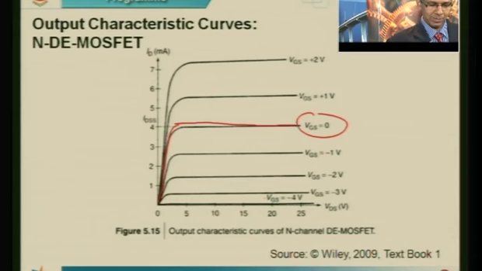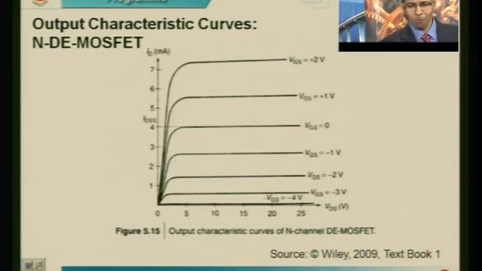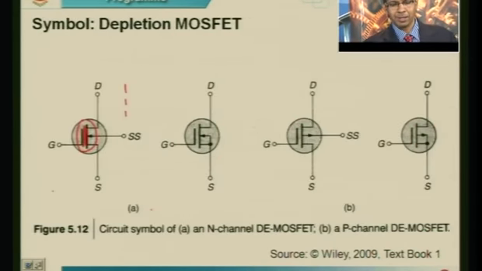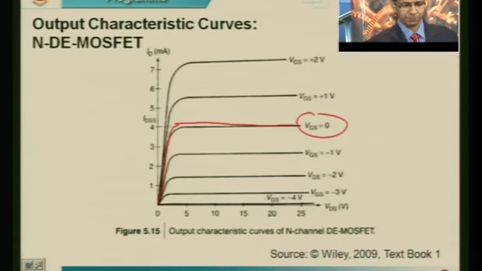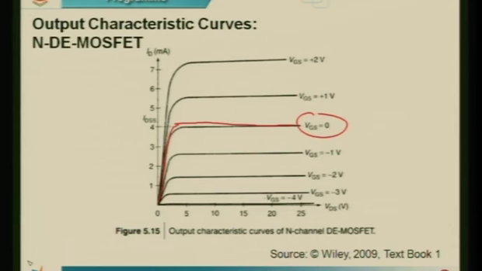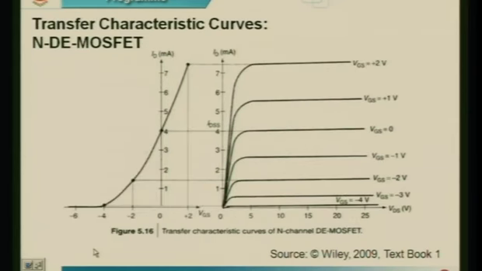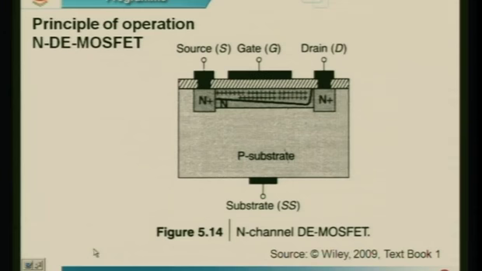For this, let us go back to the previous slide and see what happens if I give a negative gate to source voltage. You can see here, this particular region here, if I want to deplete the channel, what should I be doing?